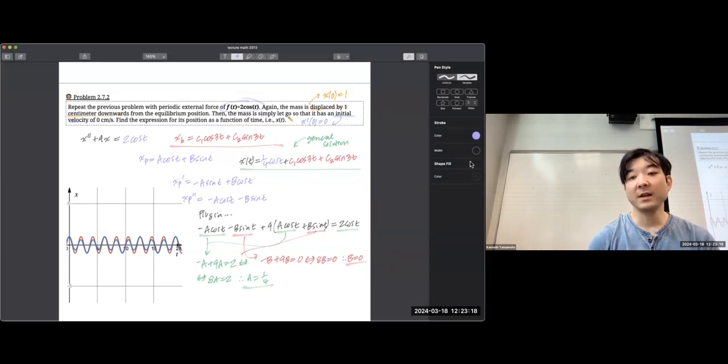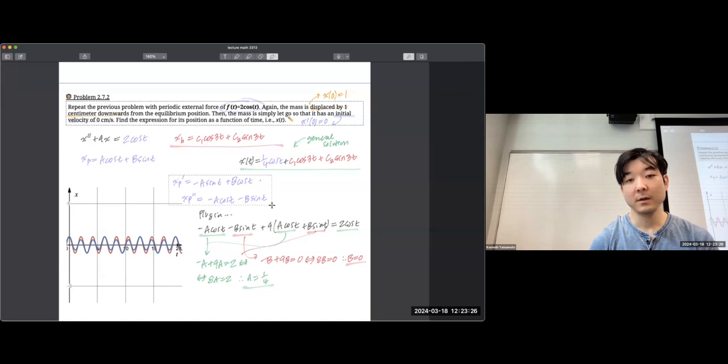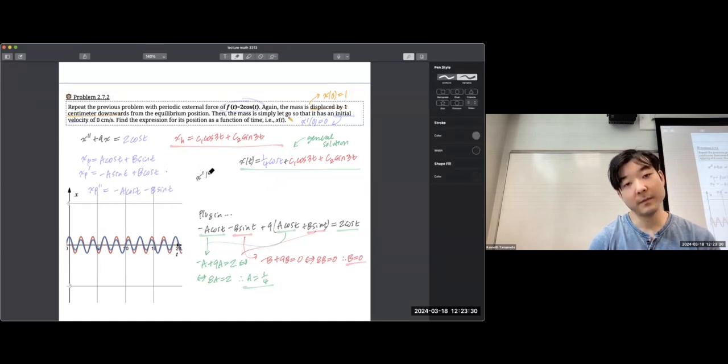You're going to have to take the derivative of this, which is x prime. So you'll have x prime is equal to, you take the derivative, negative 1 over 4 sine of t, minus 3c1 sine of 3t.